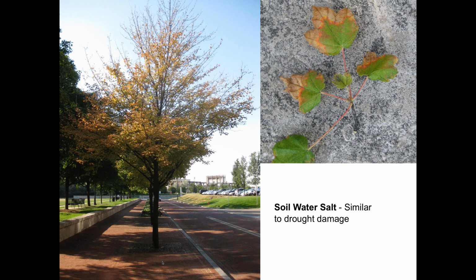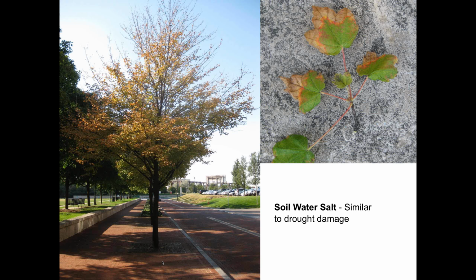When the salt gets into the soil, sometimes it will just kill the tree outright in really heavy doses, but in lighter doses, the net effect of the salt is to reduce the tree's ability to uptake water. And so the damage to the tree looks very much like drought damage that you would expect to find with the tree.